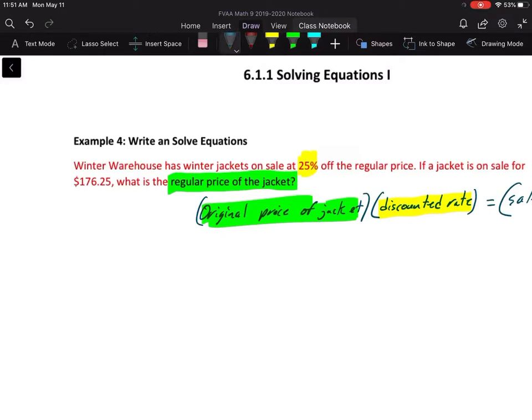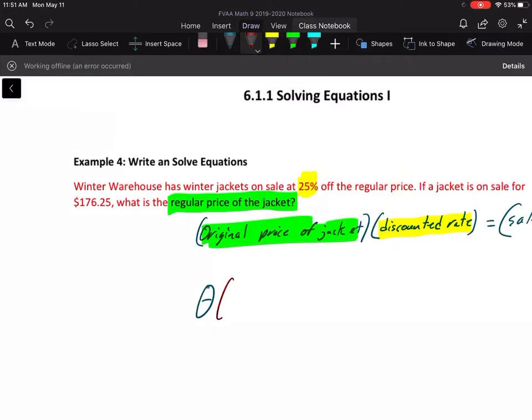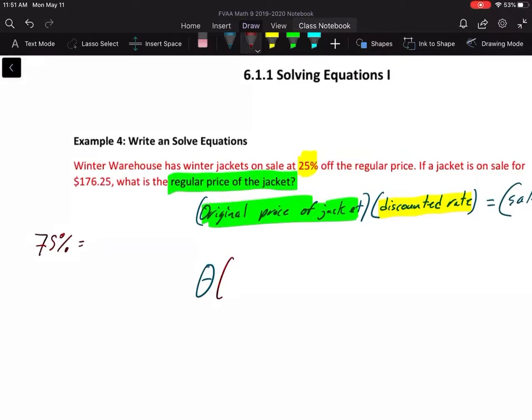So I have the original price of the jacket, which I'm going to use this symbol for, it's probably not a good symbol to use, but I'll use it for this question, times 75. Now when you're dealing with a percentage, 75%, you have to use decimals in math equations. So this changes to 0.75.